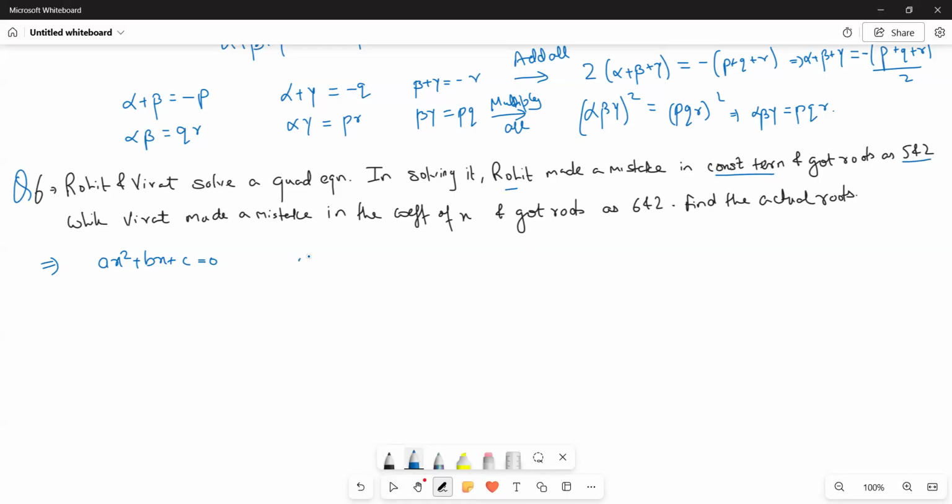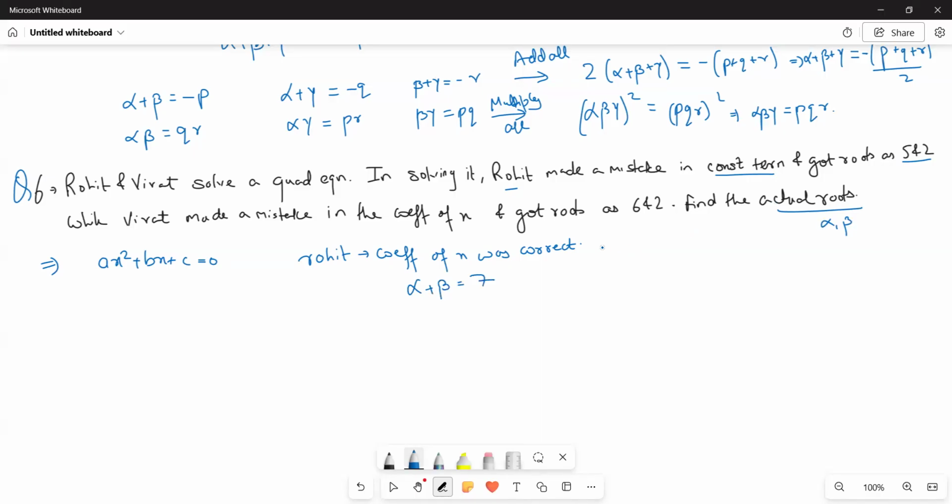So that means for Rohit, coefficient of x was correct. So in that case, if the actual roots are alpha and beta, then alpha plus beta must be equal to 7 for the sum of the roots to be correct, hai Rohit ka.